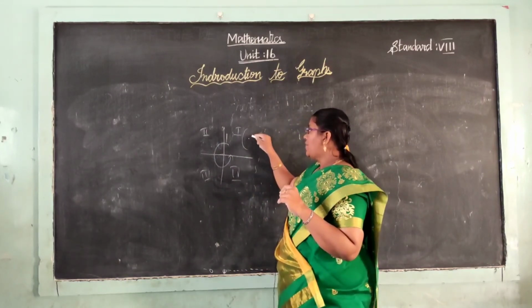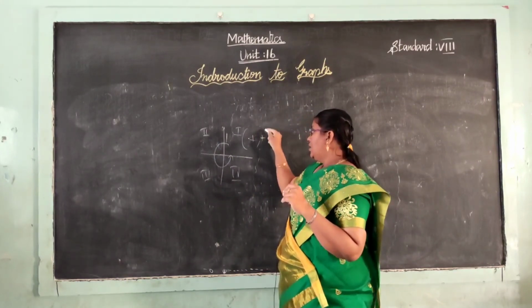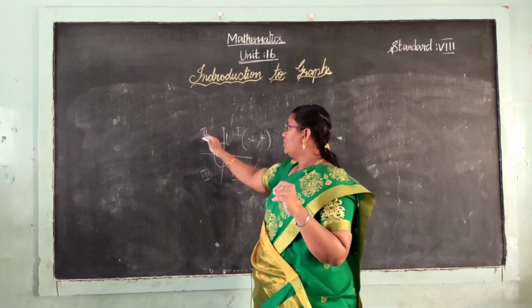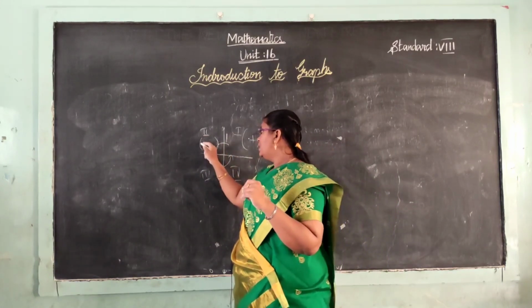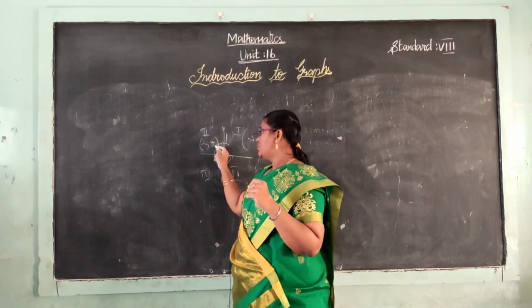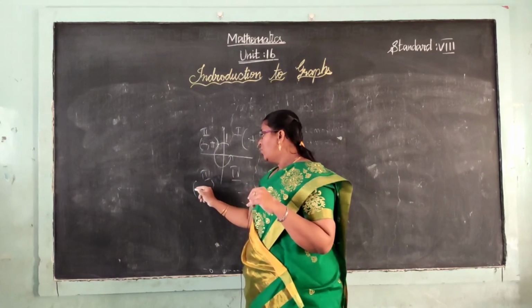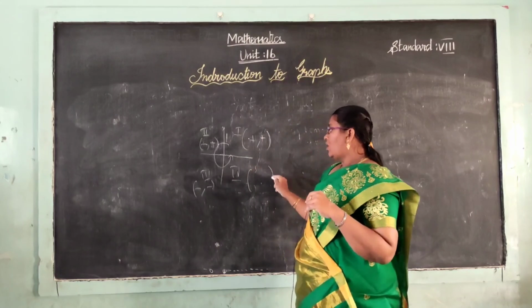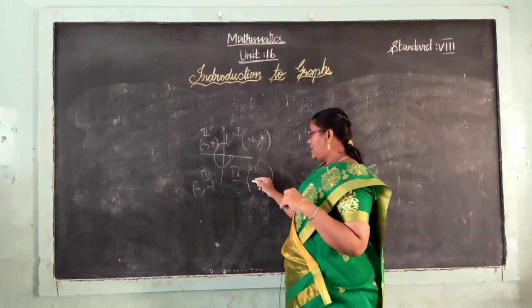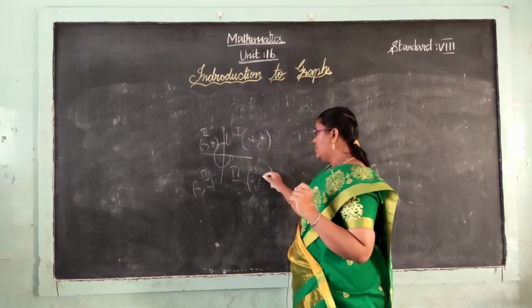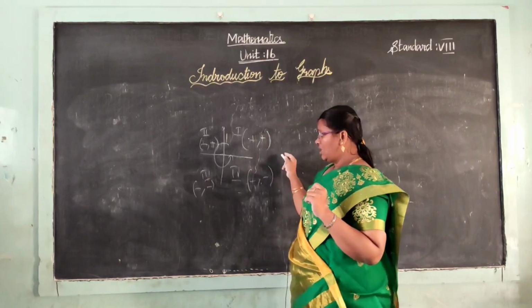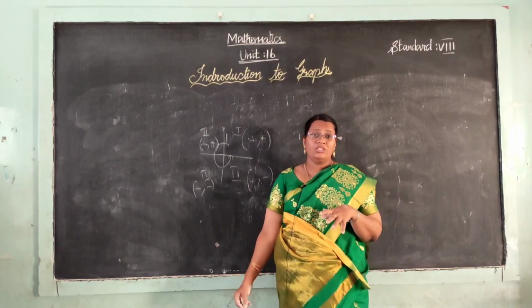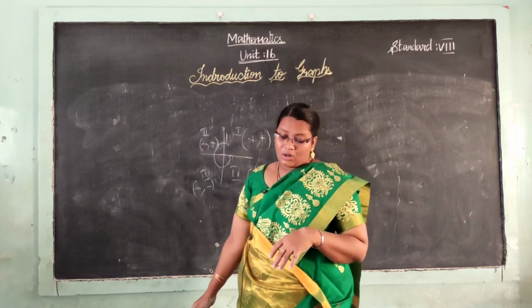The first quadrant has both values positive. In the second quadrant the x value is negative and the y value is positive. In the third quadrant, both ordinates are negative. And in the fourth quadrant, the x value is positive and the y value is negative. Okay, these are all we have learned.